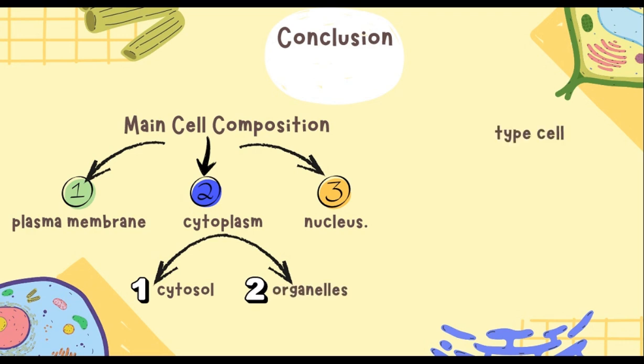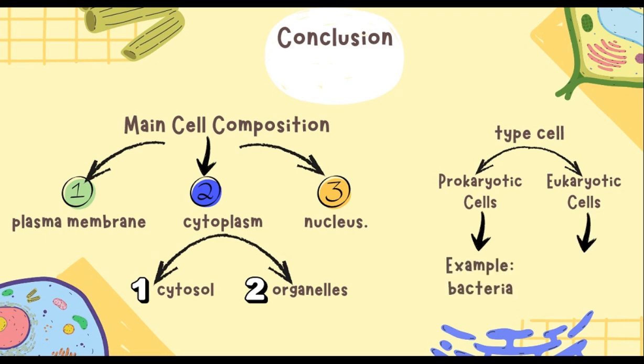The type of cell influences cell composition. There is prokaryotic cell and eukaryotic cell. Eukaryotic cells have a more complex cell composition than prokaryotic cells. For prokaryotic cell, the example is bacteria, and for eukaryotic cell, the example is animal cell.